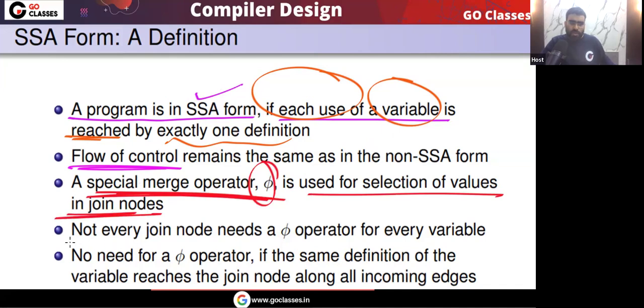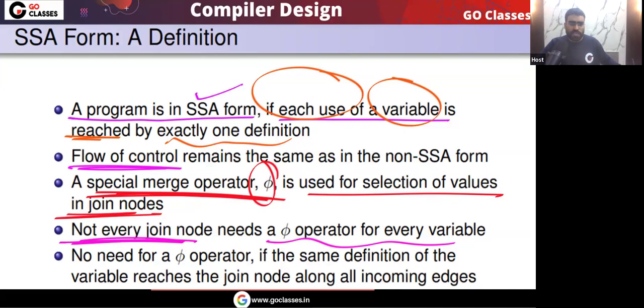Not every join node needs a phi operator for every variable. Only for some variables we create a phi node: those variables for which more than one definition is reaching the join node.